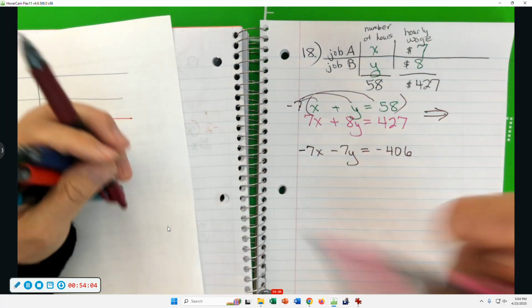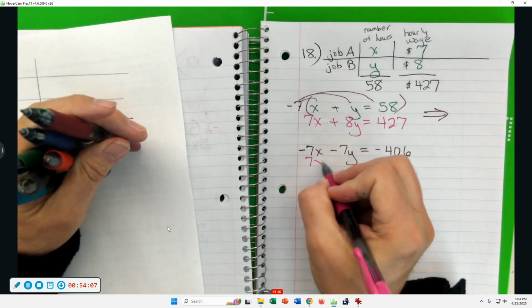And then we have that second equation. Oh, this is going to work out nice.